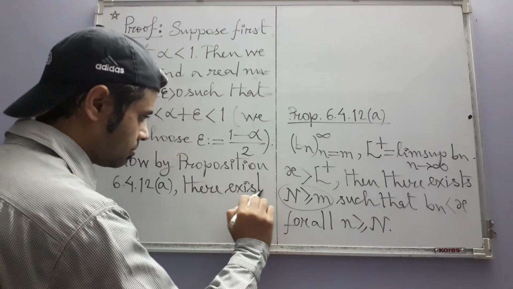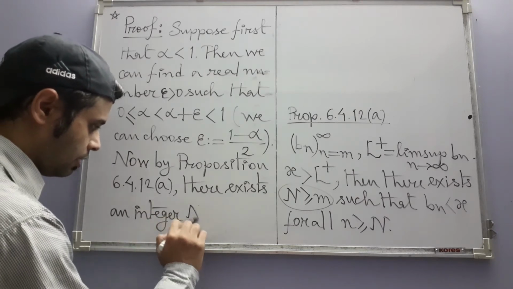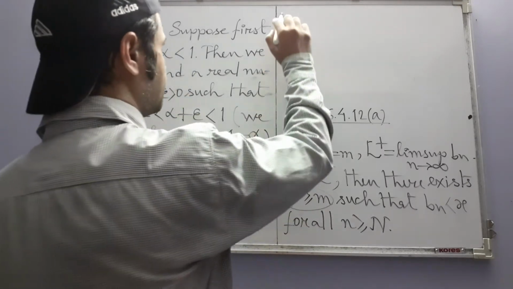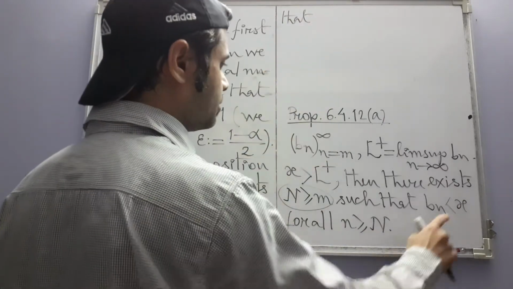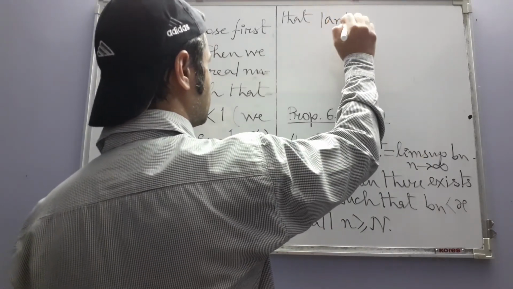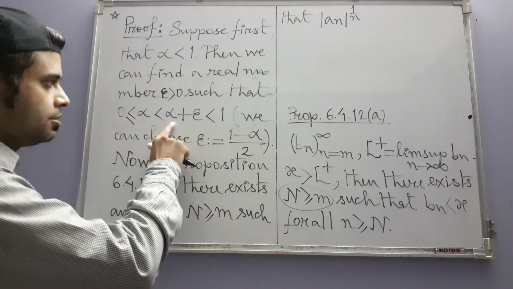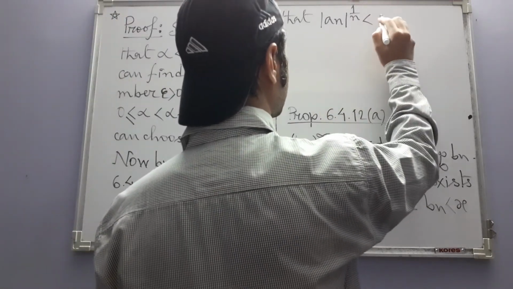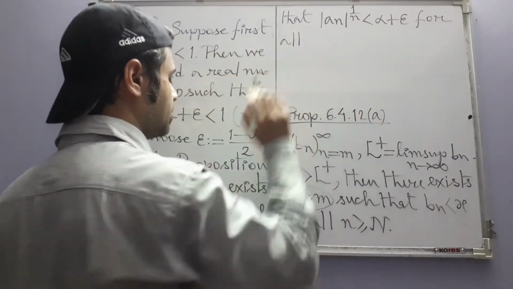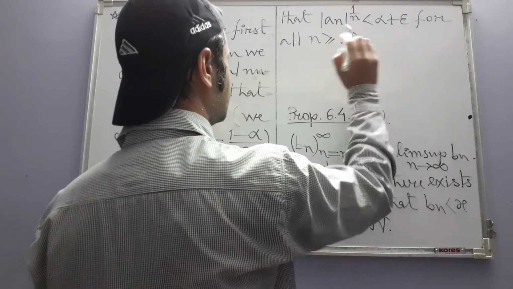There exists an integer n greater than or equal to m such that the nth term of our sequence, which now is this, is less than the x that we are considering, which is this, alpha plus epsilon, and this will happen starting from some stage, and that stage is this n, for all indices n greater than or equal to n.